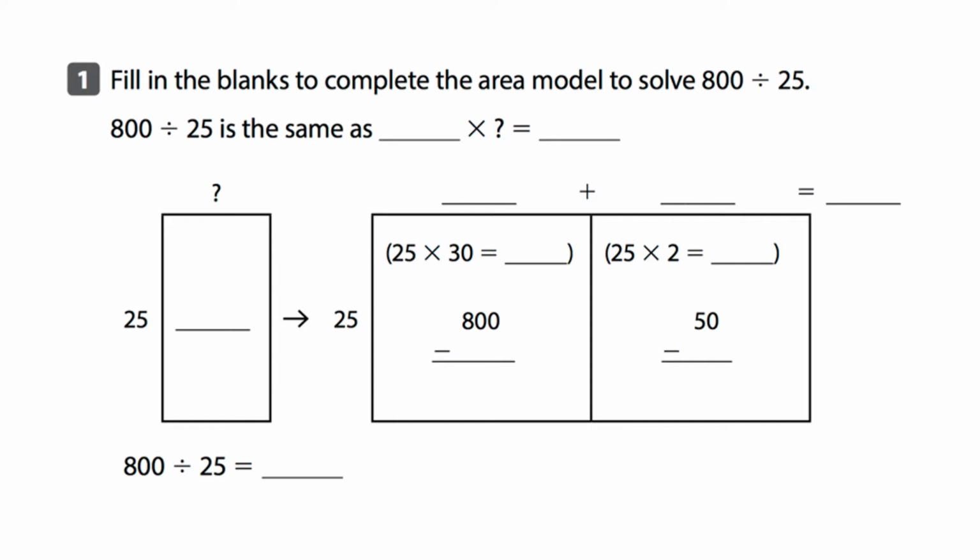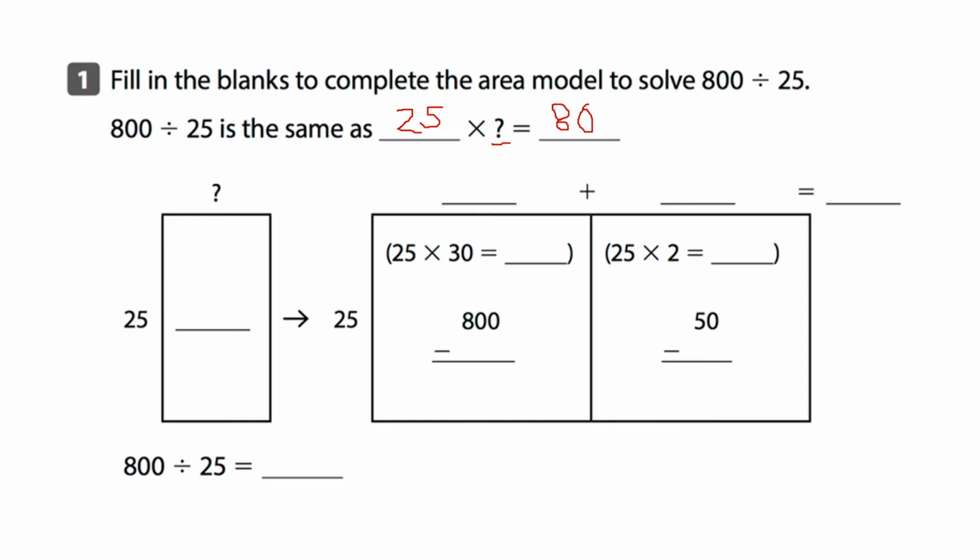Well, we know because of the inverse operation of multiplication and division, they undo each other. So 800 divided by 25 is the same as 25 multiplied by some number equals 800. Oops. Let me erase that.